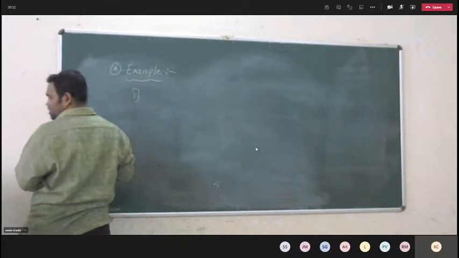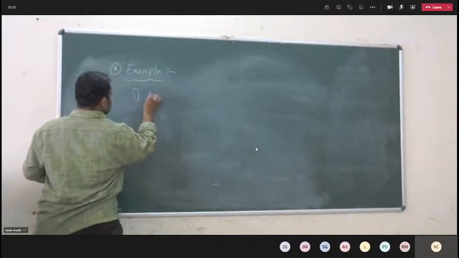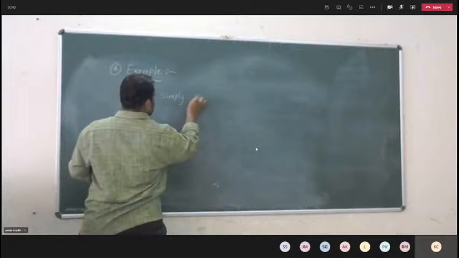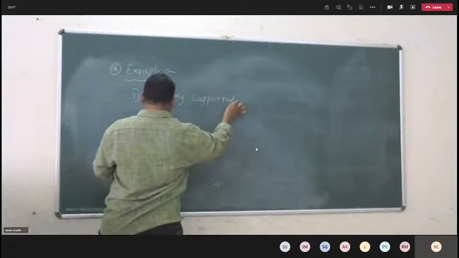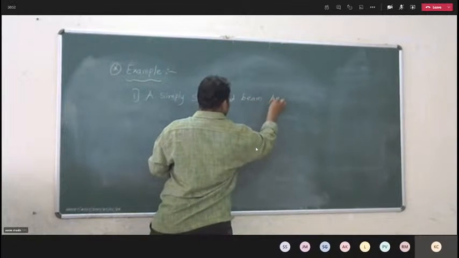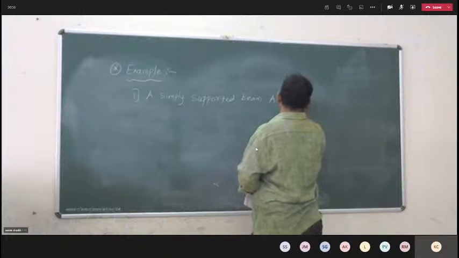First example: a simply supported beam AB has a span of 8 meters.